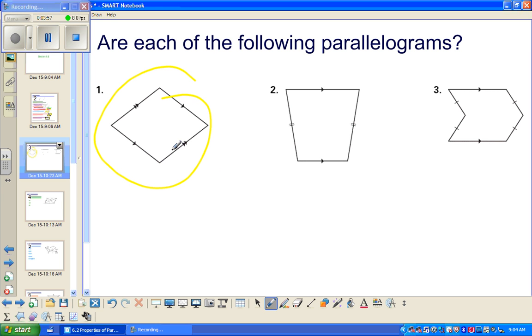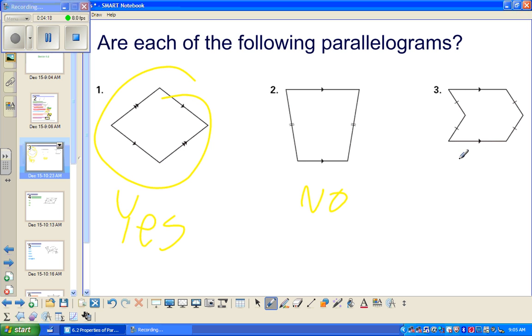That's the definition of a parallelogram. On number 2, you should have said no, or there's not enough information to say that, or we don't know. You know one set of opposite sides are parallel, and you know one set of opposite sides are congruent, but that's not enough to say that you have a parallelogram.